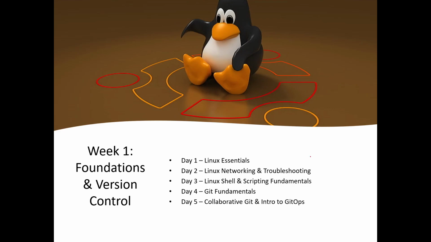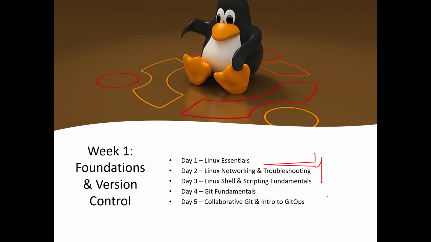So the first thing would be Linux. Linux is the most important thing. As with Windows, we have Linux, where we mostly don't have any GUI and we use command lines. Why we need Linux and all the basic commands, we will teach in the first 3 days.